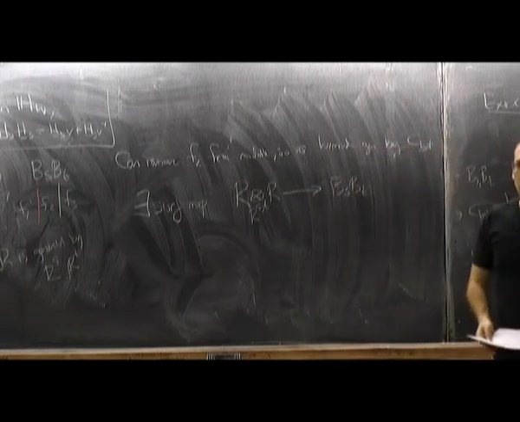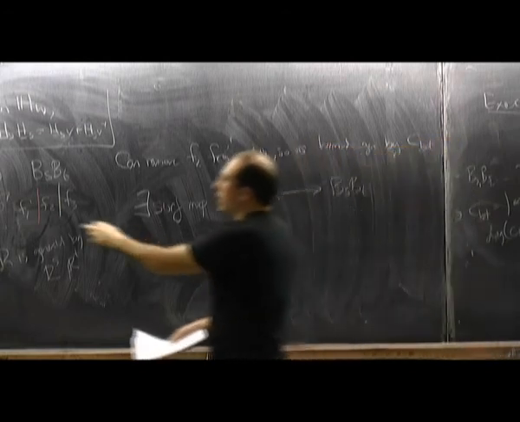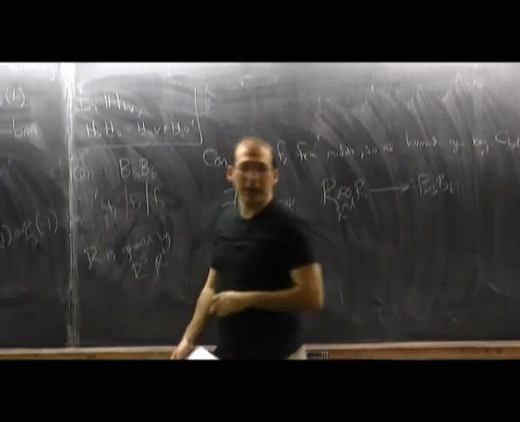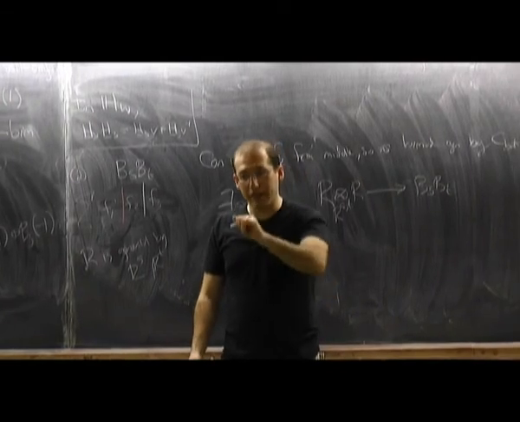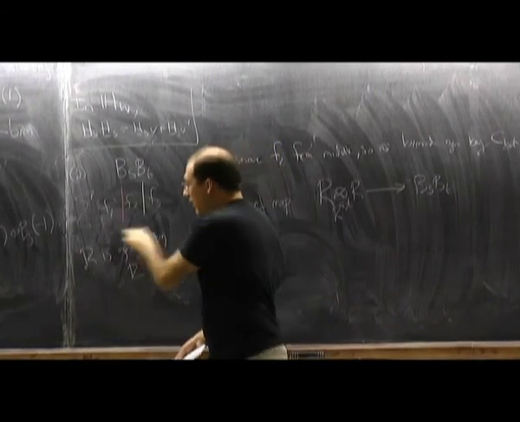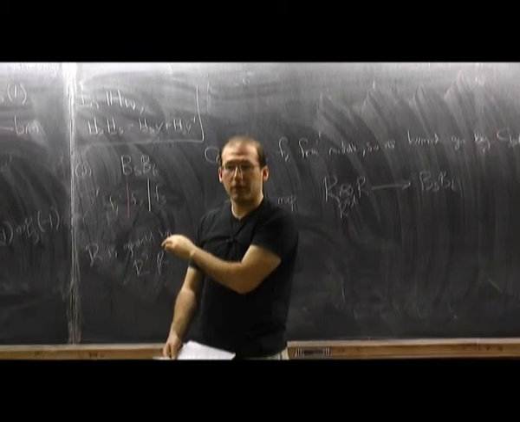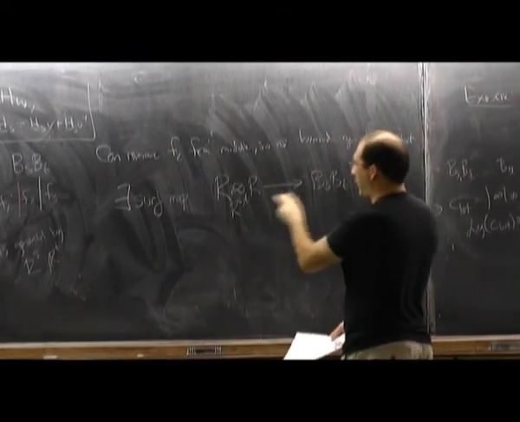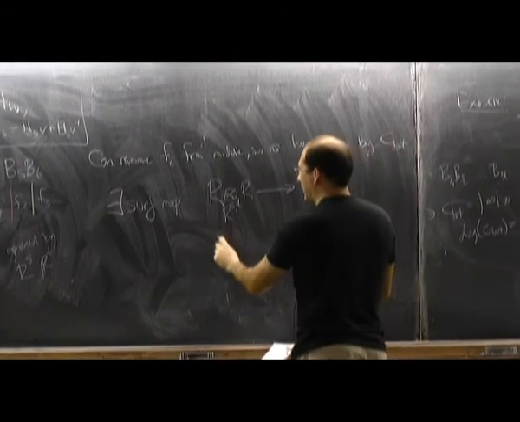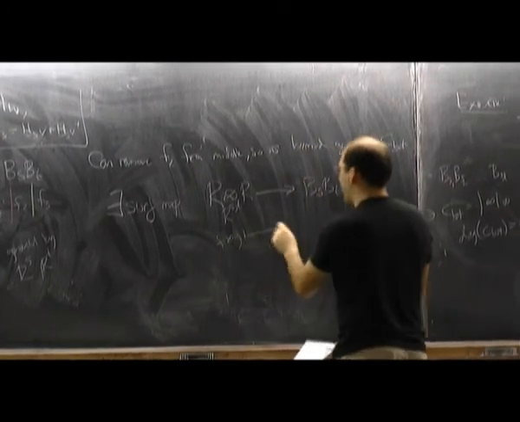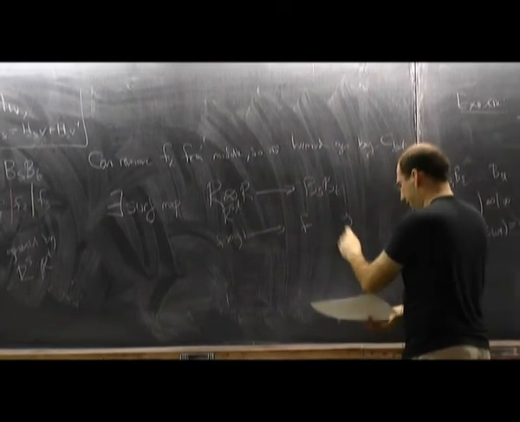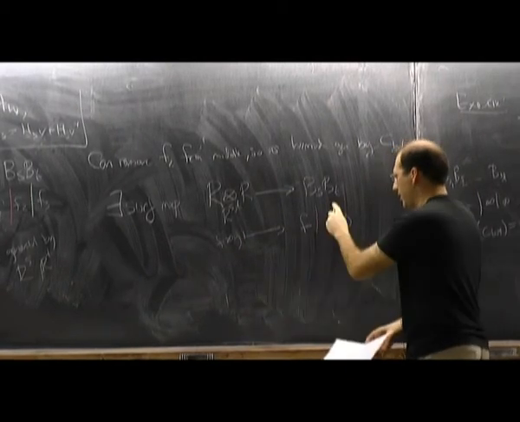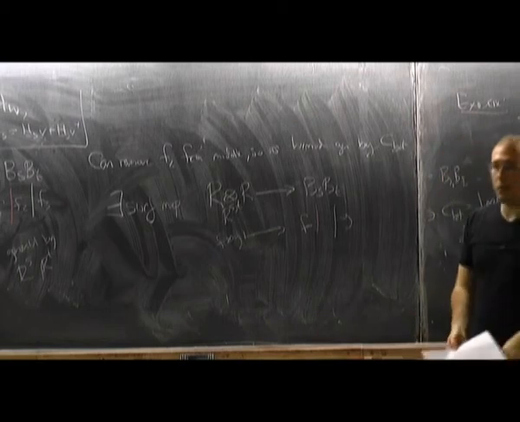Okay? So what can you do to 1 tensor 1 tensor 1? Well, you can multiply on the left by a polynomial and multiply on the right by a polynomial. Anything symmetric in both S and T can slide all the way across. Okay? So certainly, there's a map from this guy to this guy, sending f tensor g to fg, the one in the middle.